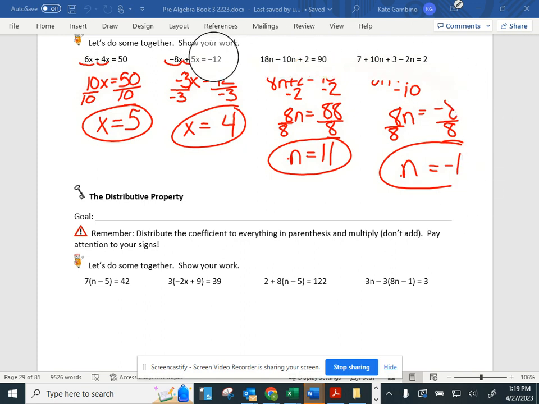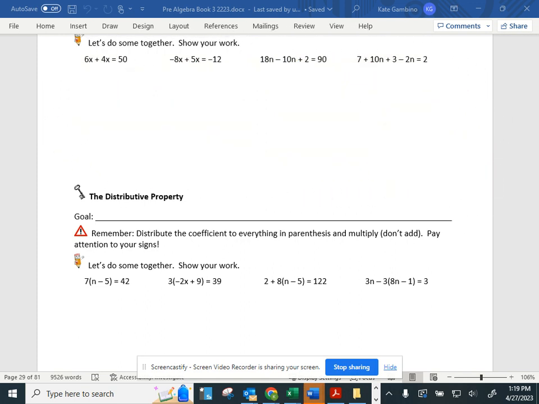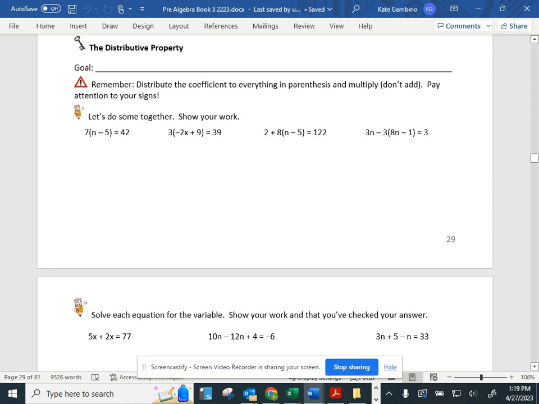All right, so let's look at the distributive property. We learned about the distributive property in our previous objective. The goal of the distributive property, anybody have a guess on what our goal is when we do that distributive property? What are we doing? Evan?